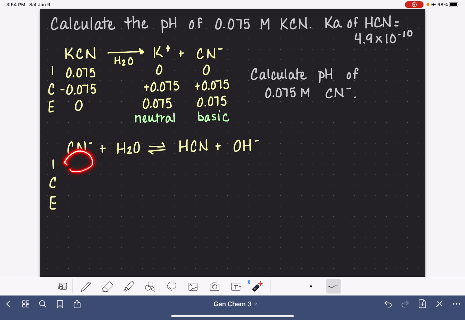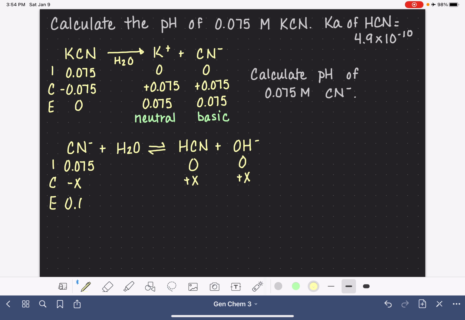The initial amount of the cyanide ion is the 0.075 molar. That's how much we're starting with here. Prior to the cyanide ion reacting with water, we don't have any of our products at all. Because this is a weak base, we don't know exactly how much cyanide is going to react, so this is where we use our X variable, because we don't know how much of that cyanide ion is actually reacting, and we don't know exactly how much HCN and OH minus we're producing.